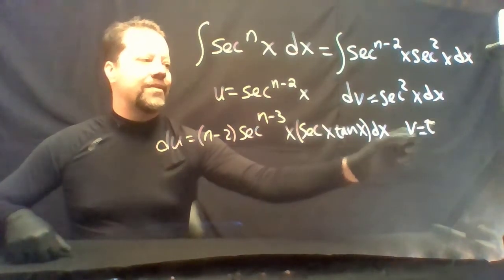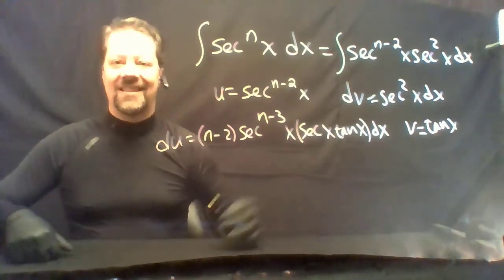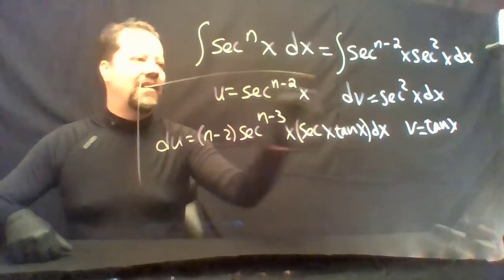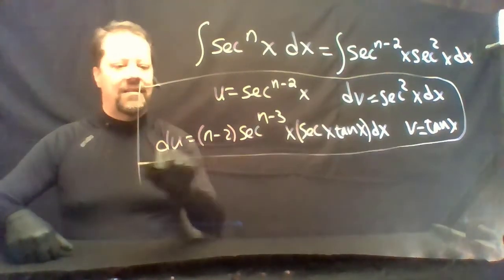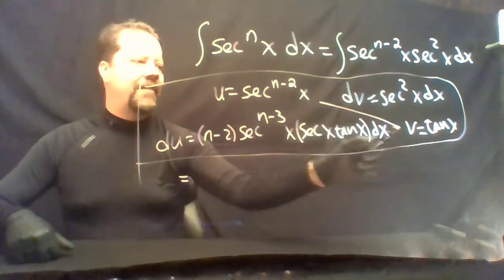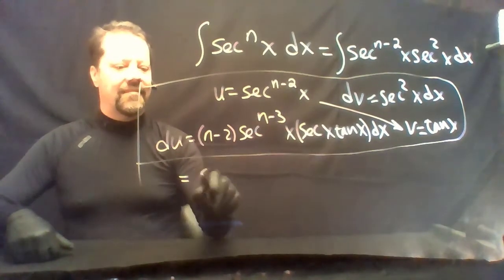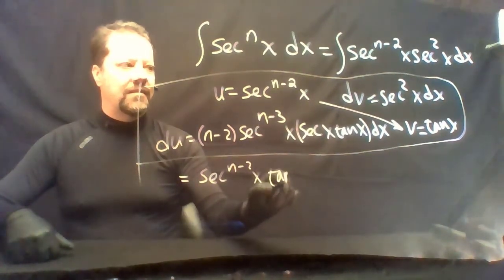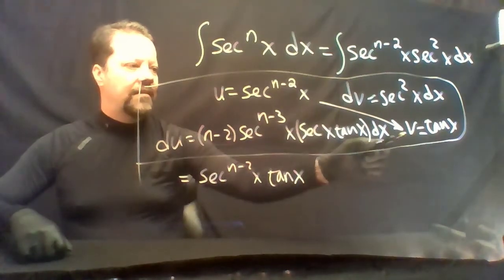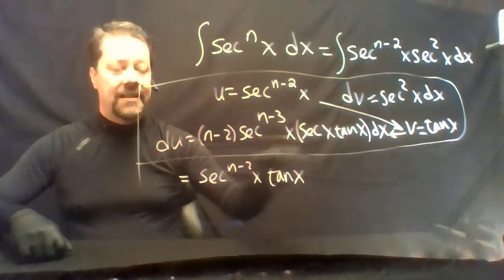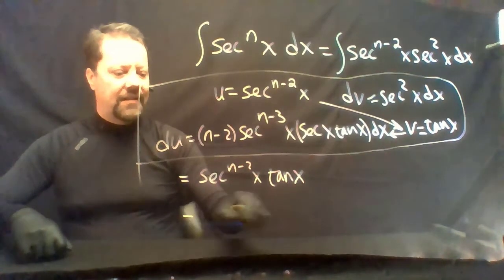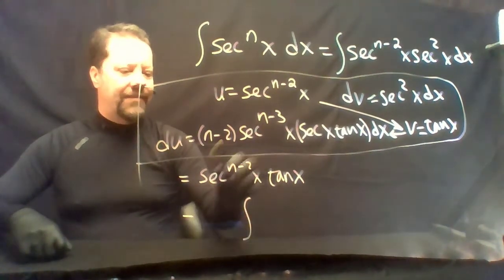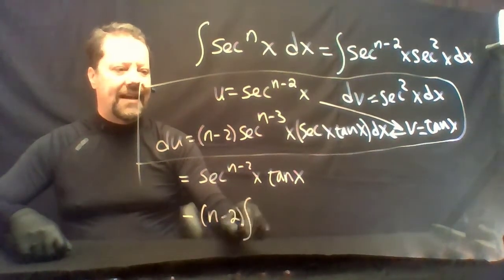v is, of course, tangent x. We have uv minus the integral of v du. I'll leave a gap, we'll have this n minus 2 coming out.